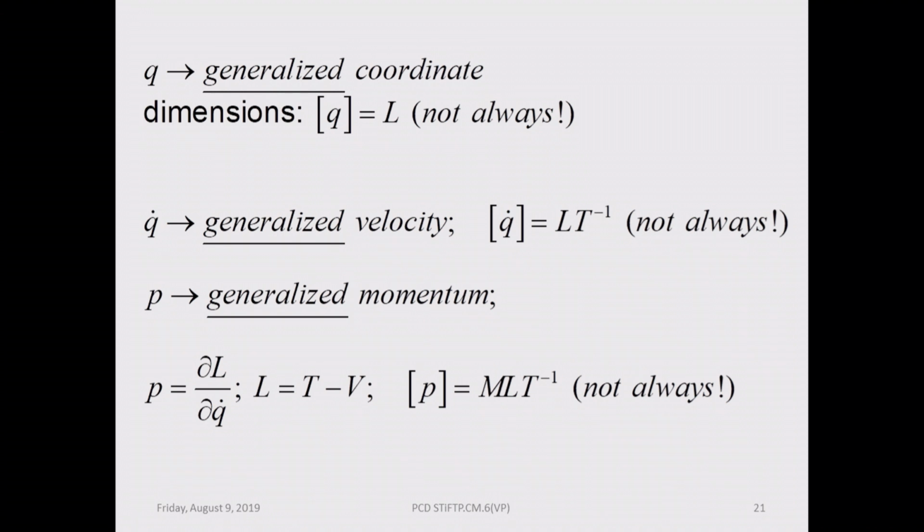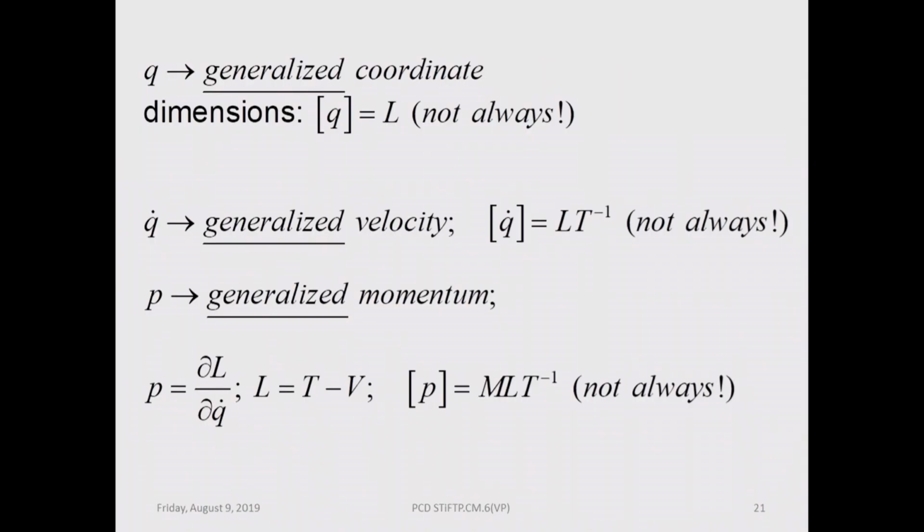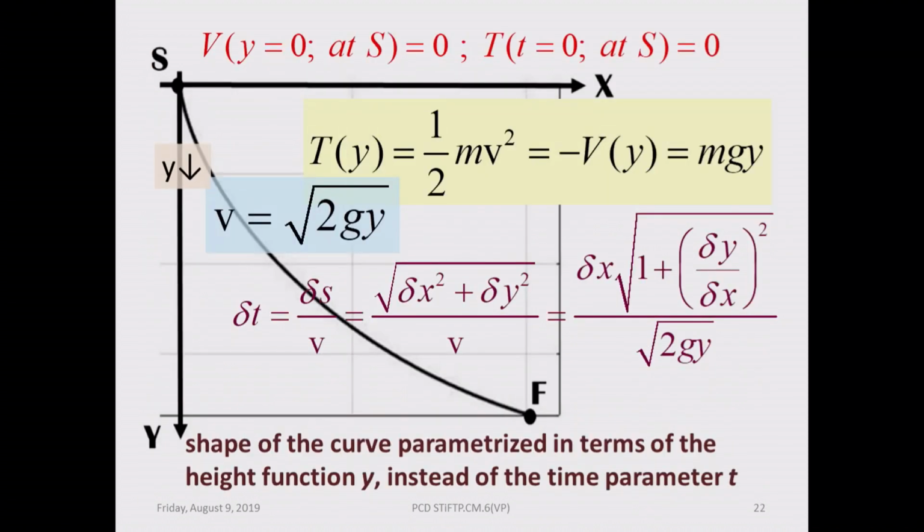And because the generalized coordinate is not always of dimension length, we have already seen that for a rigid body you have angles which do not have the dimensions of length, the generalized velocity will not always have the dimension of LT minus 1, and momentum will also not necessarily be MLT minus 1, but it may have some other dimensions. Okay? So this is the question that we are discussing.